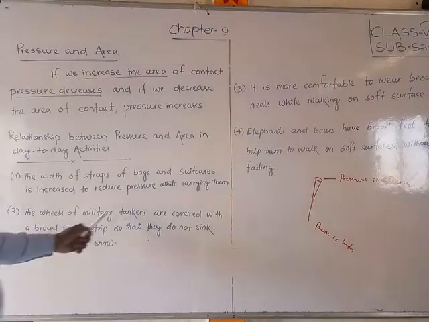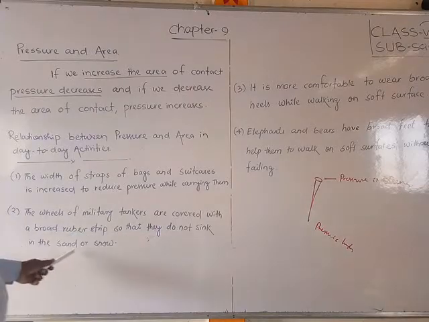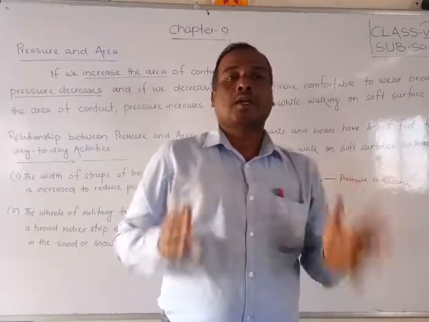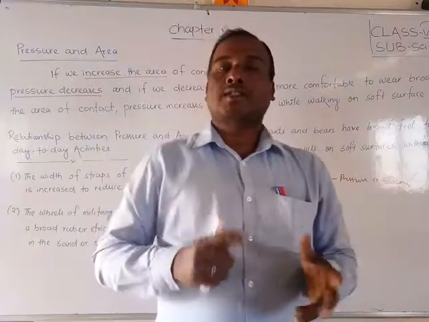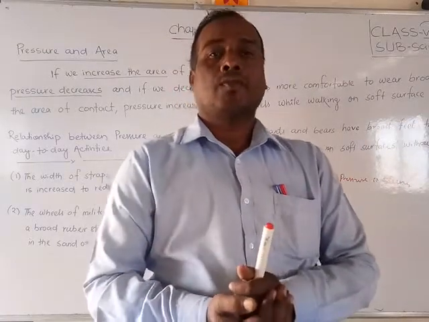The wheels of military tankers are covered with a broad rubber strip so that they do not sink in sand or snow. You have seen that the wheels of military tankers are covered with a rubber strip. Why?